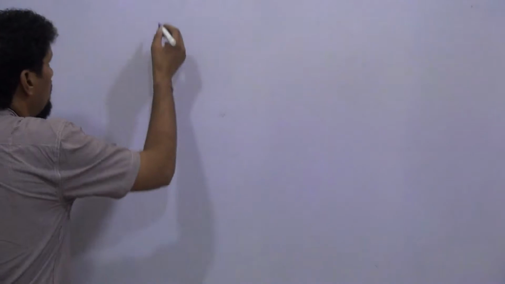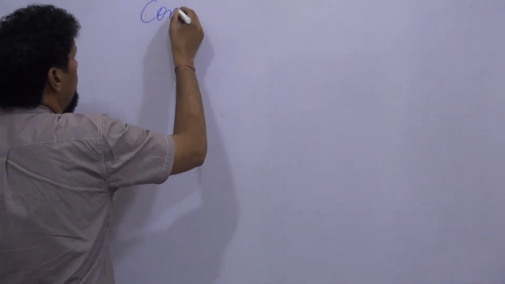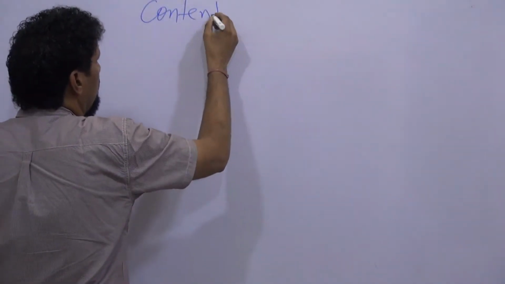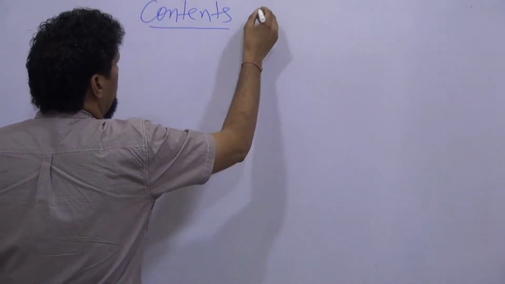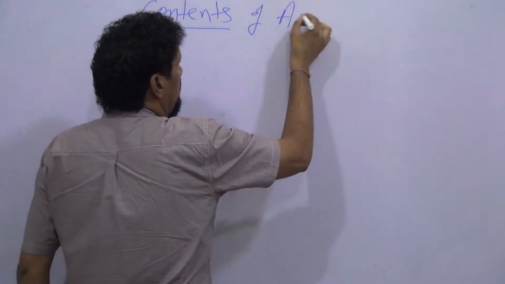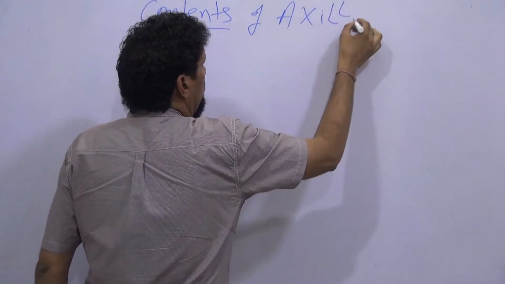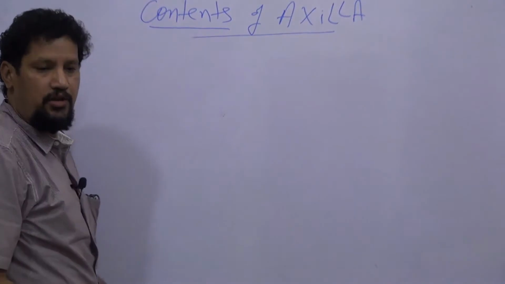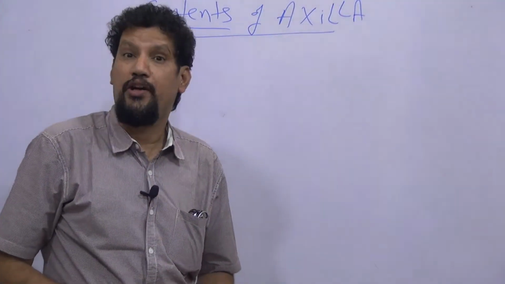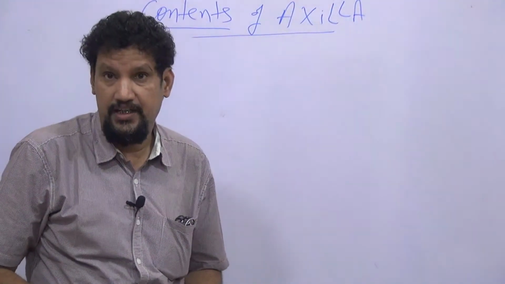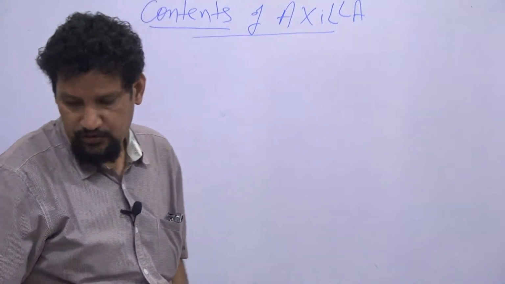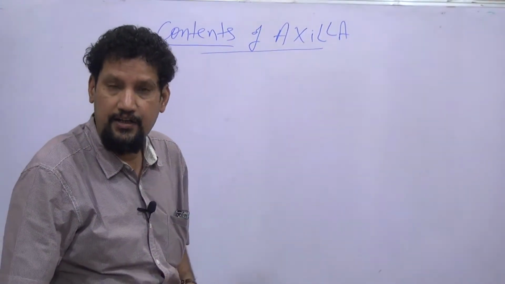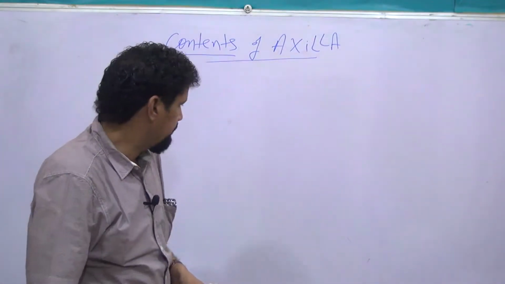So the contents of the axilla. Then I will talk about the disposition or the orientation of all the structures inside the axilla, how these structures are entering inside and leaving the axilla.